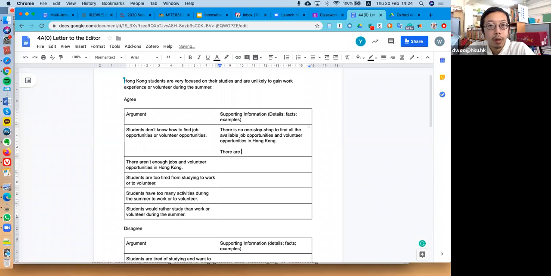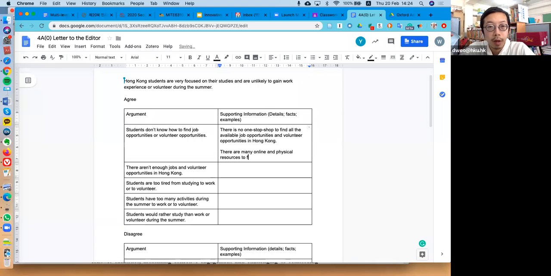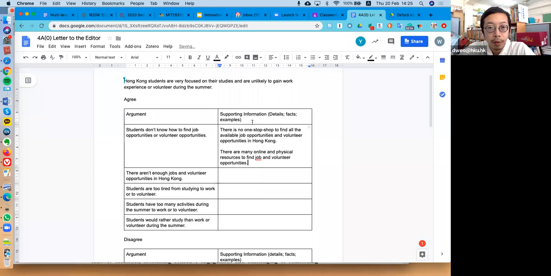There are many online and physical resources to find job opportunities. Job and volunteer opportunities. There are too many.